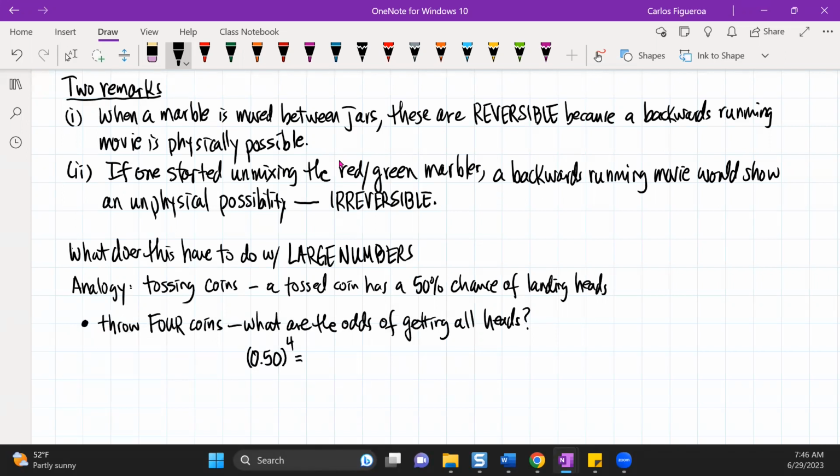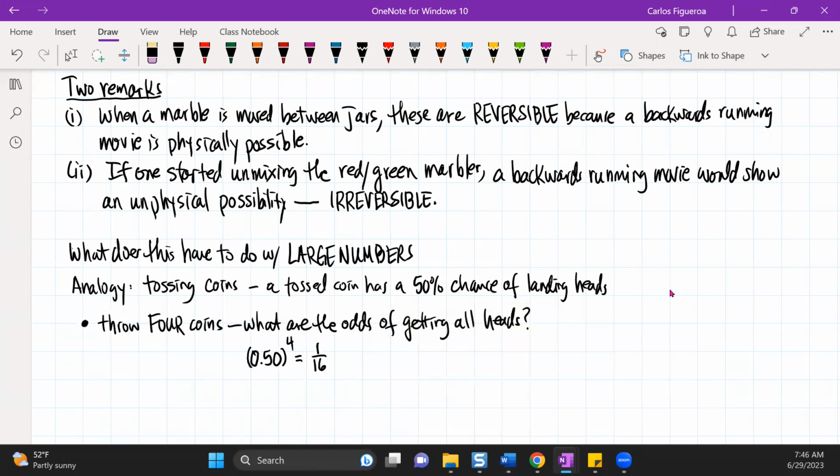This tells you that you get 4 heads 1 time out of 16 throws. That's a little bit more than 5%. There you go. That's the probability.